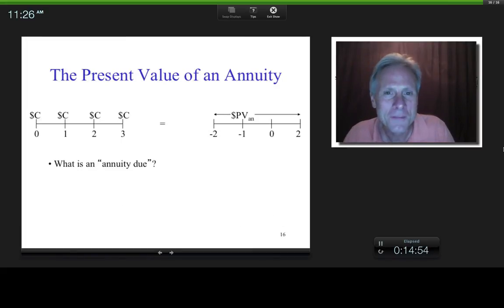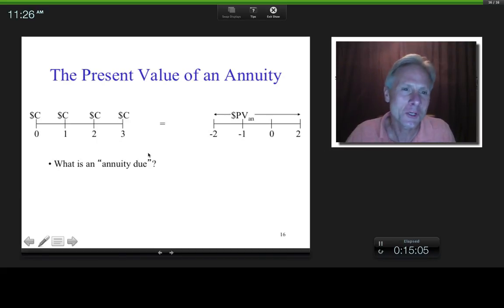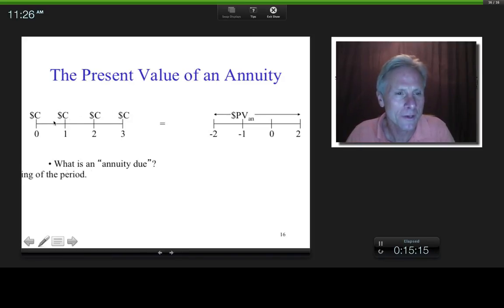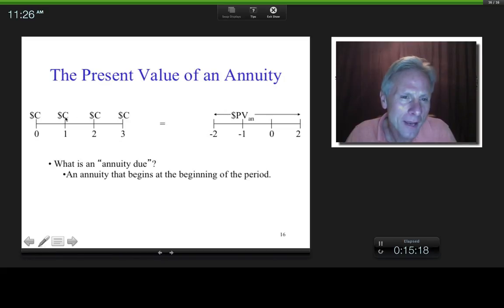And by the way, the same thing holds true for what they call an annuity due. Now, do you know what an annuity due is? Well, basically, an annuity due is where they say, all right, well, imagine you get the cash flow at the beginning of the time period instead of the end of the time period. So in this example, okay, could I apply my annuity formula?